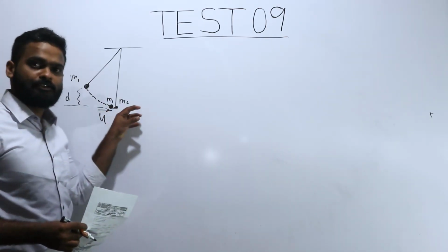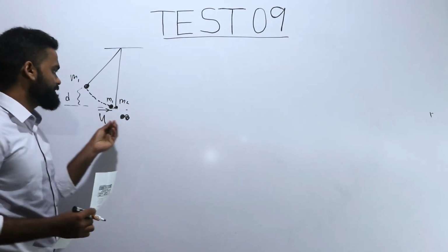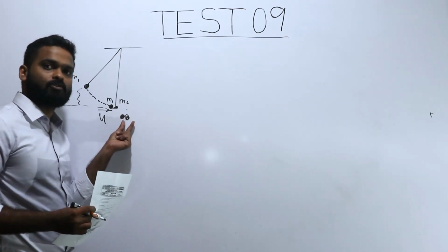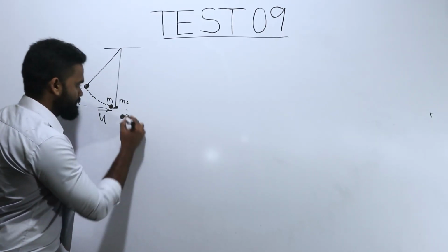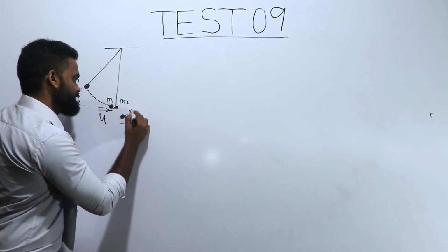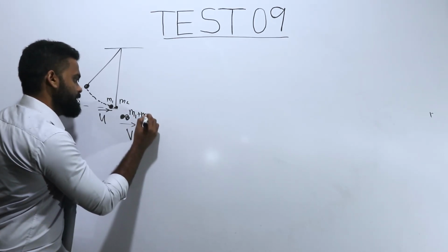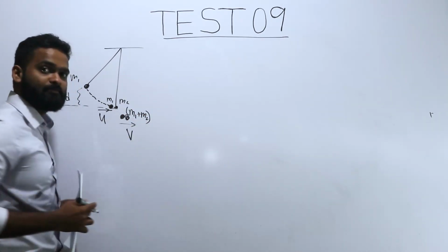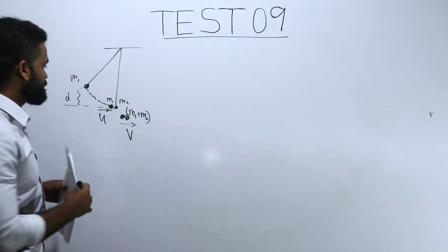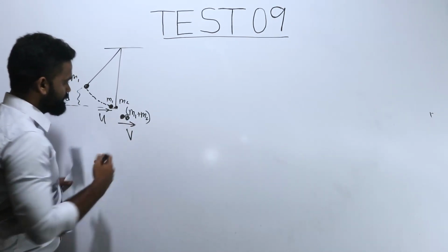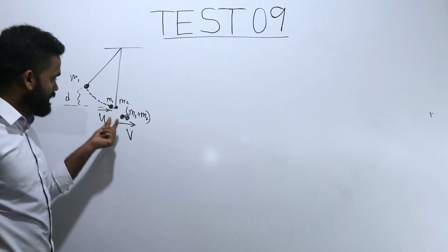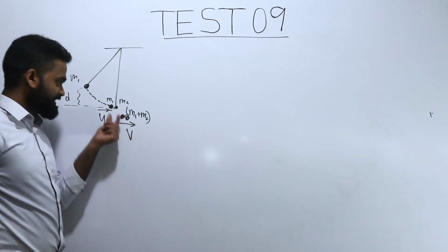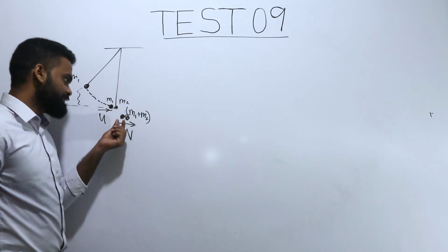Then this collides here. Let's say the velocity of that compound object is v. Since it is a compound mass, I can take that mass as m1 plus m2. So this is the velocity of m1 just before collision. v is the velocity after collision when they attach.